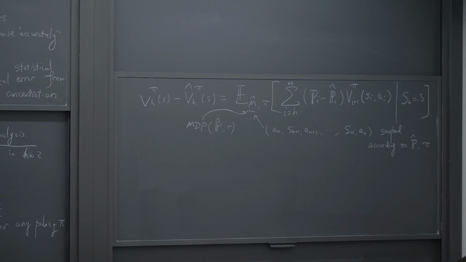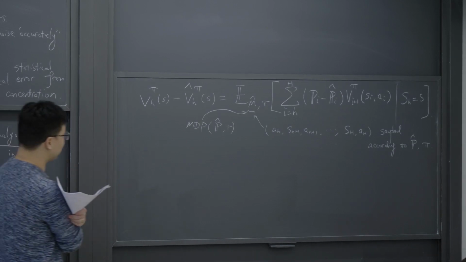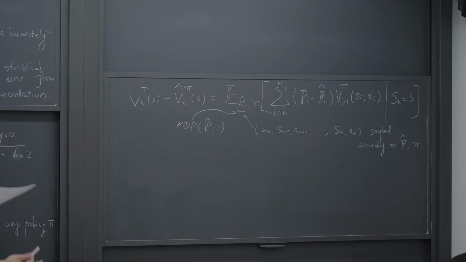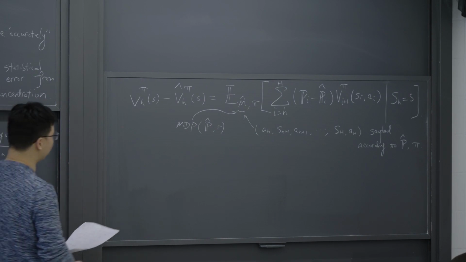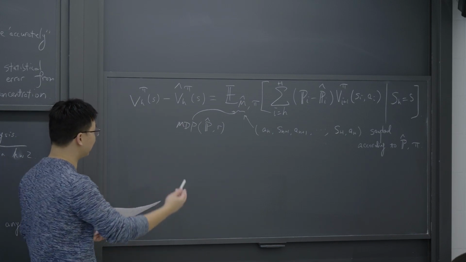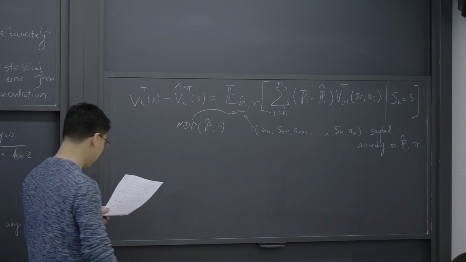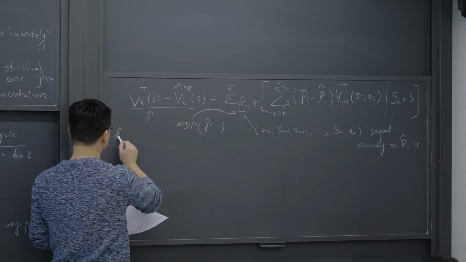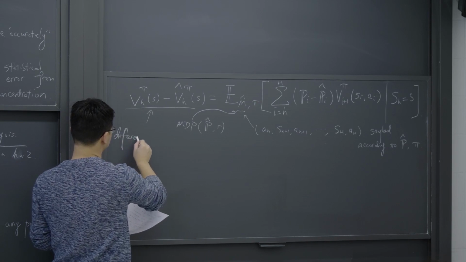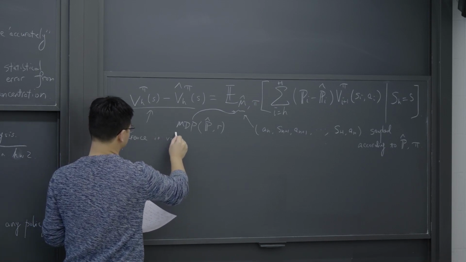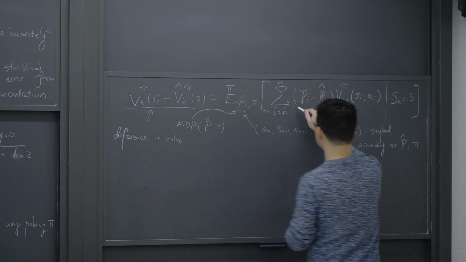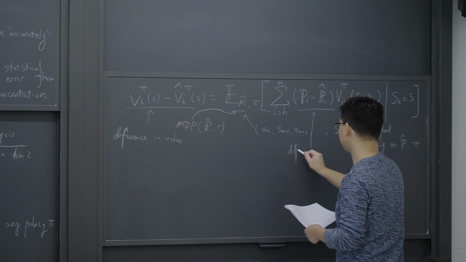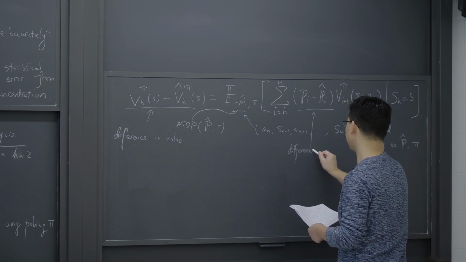Okay, so this is lemma 1. Although the formula is a little bit complicated, we will see very soon that if you just expand the value by the Bellman equation, you immediately see why this comes in. It's just by calculation. We note this is the difference in value, and this is the difference in transition.